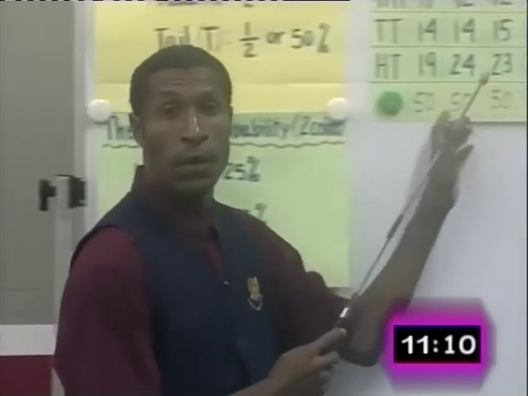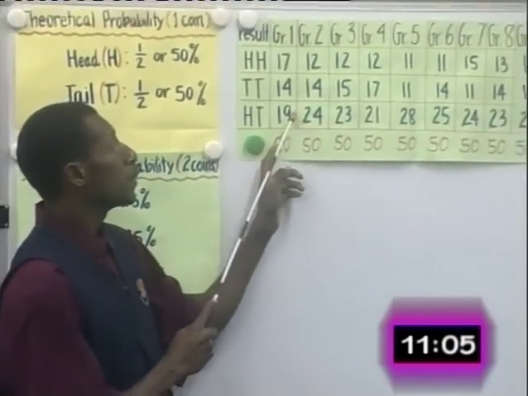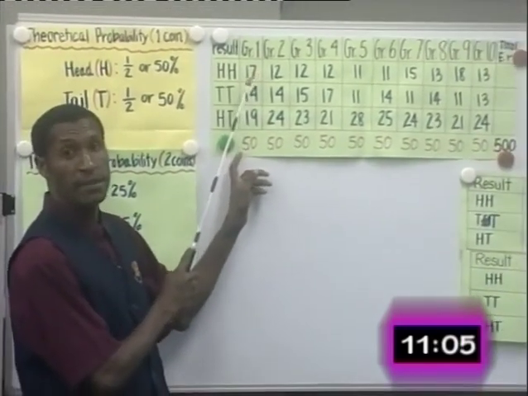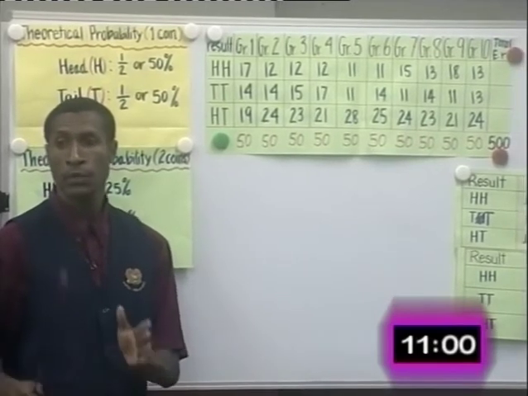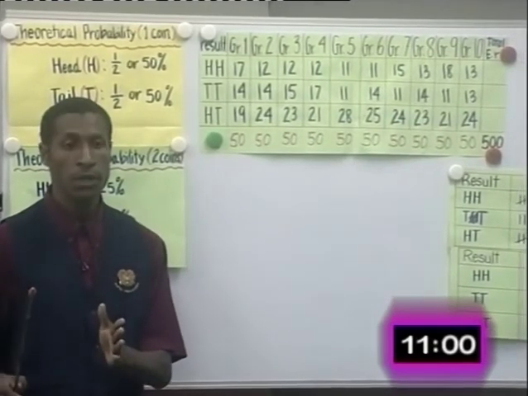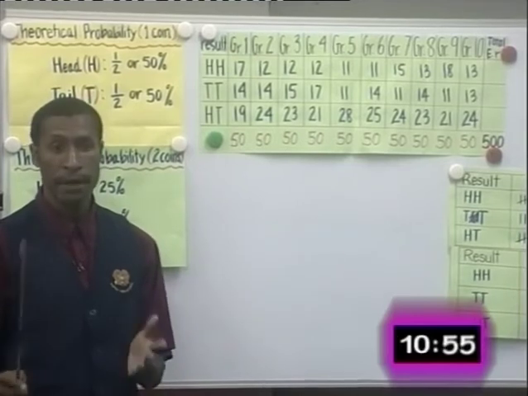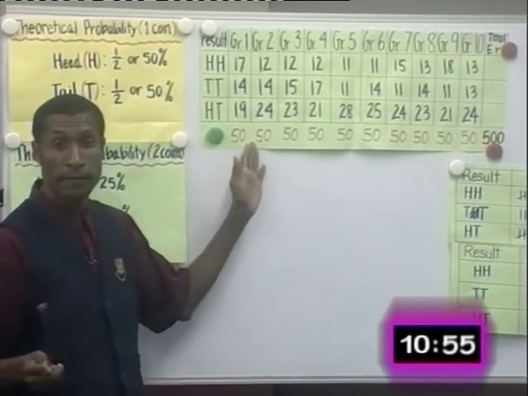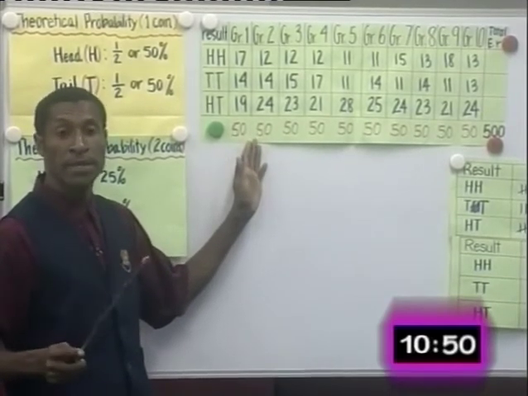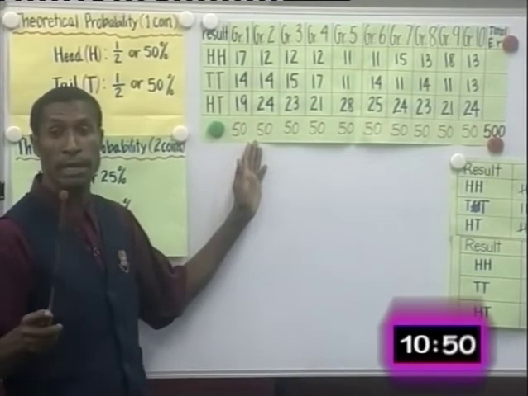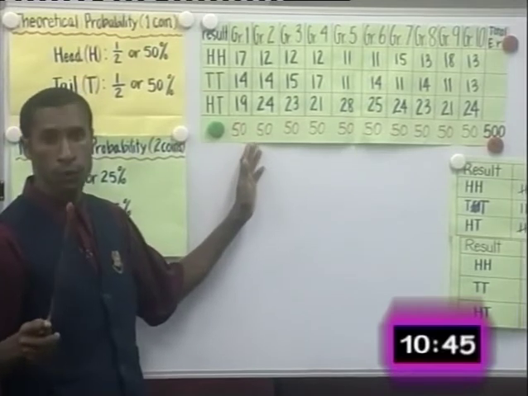Receiving teacher, for your class, you might have different results. In the model class, we have 10 groups. So each group made 50 toss, which the total result is 500. In your class, you might have less than that number of group. So 50 times the number of your group will give you the total number of toss.